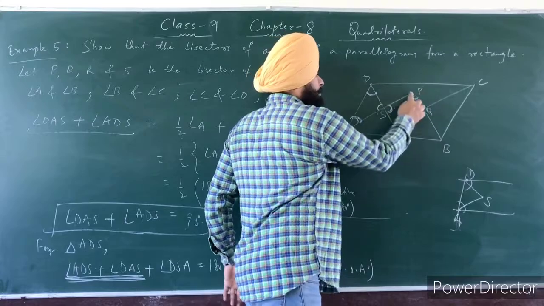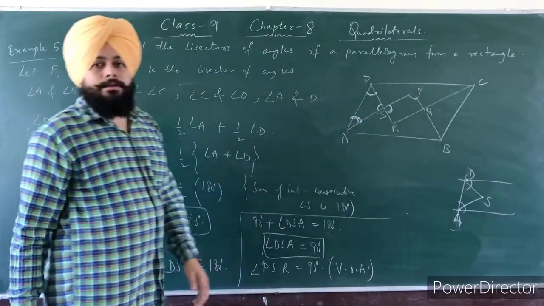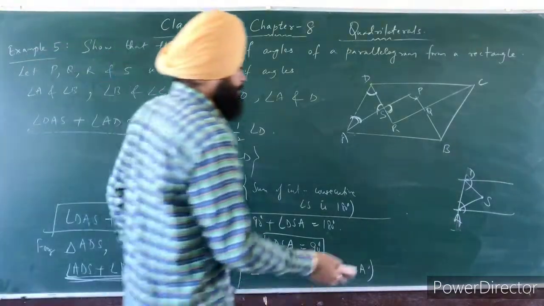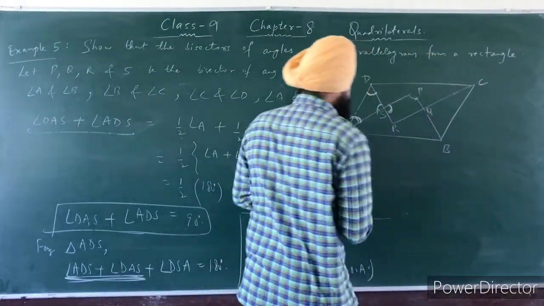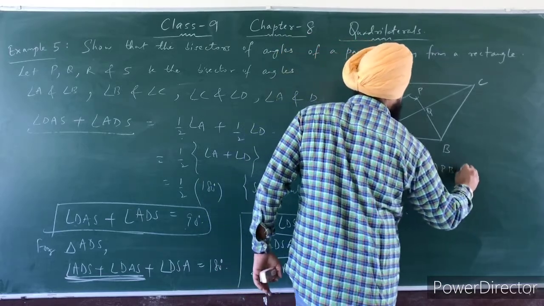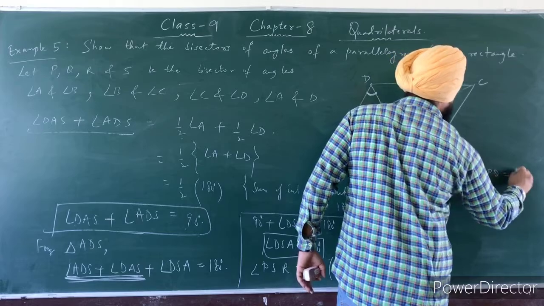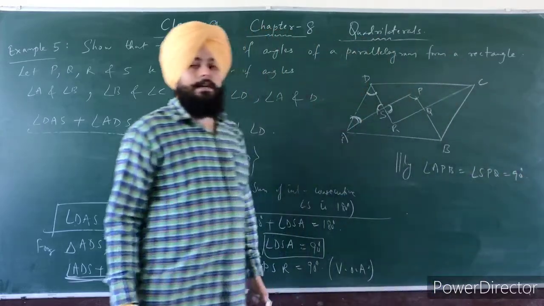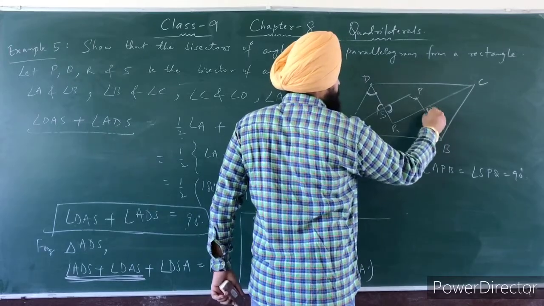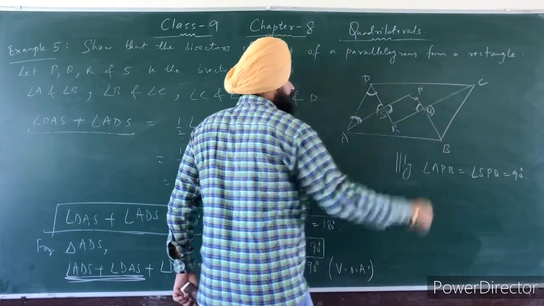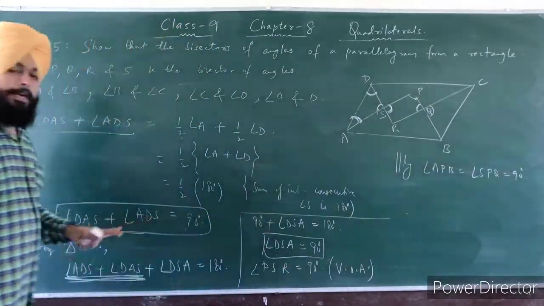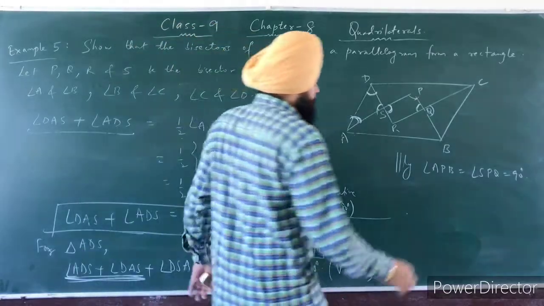So you can write here similarly, angle APB equal to angle SPQ is of measure 90 degree. Again, for this triangle BCQ, this angle is 90 degree. Then this vertical angle is again 90 degree. You have to follow the same steps, but you don't need to prove it again and again.